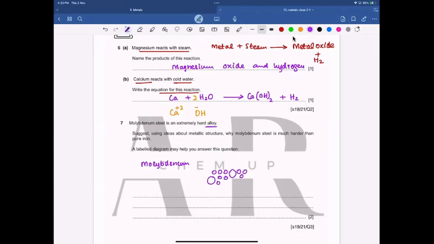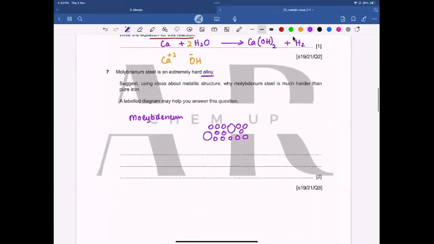And due to these different sizes of atoms, its structure becomes hard, rigid, and it is very difficult for the layers of atoms to slide. That makes it harder than a metal, as here they are asking with pure iron. So how will we answer this?